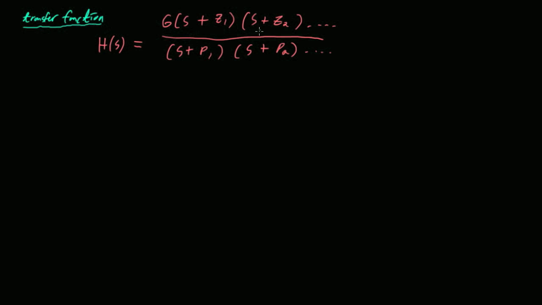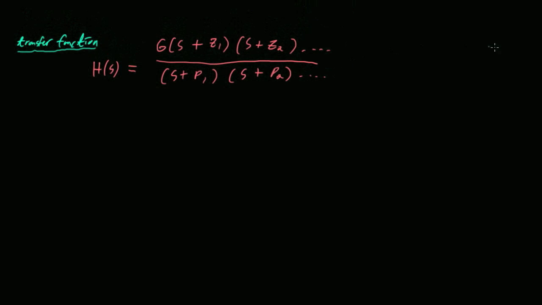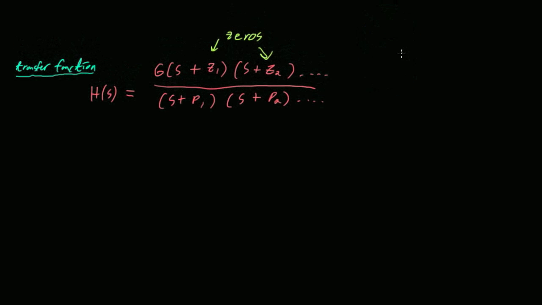Zeros are values of s that set the numerator to 0. When you express your transfer function factored like that, it works out very nicely. You just read them right off. You've got a 0 at negative z1, a 0 at negative z2. You're good to go.